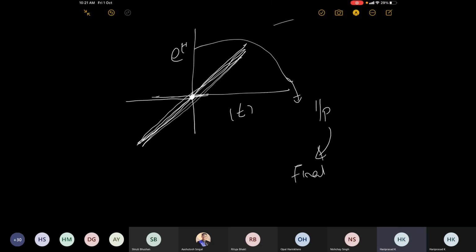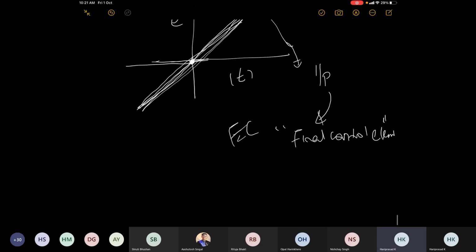Final control element is another name for the valve. Most likely it would be a valve, or, as I told, if there is another way to do this effect. Generally all the valves are called final control element because they are affecting the control. This is what enforces the control action.